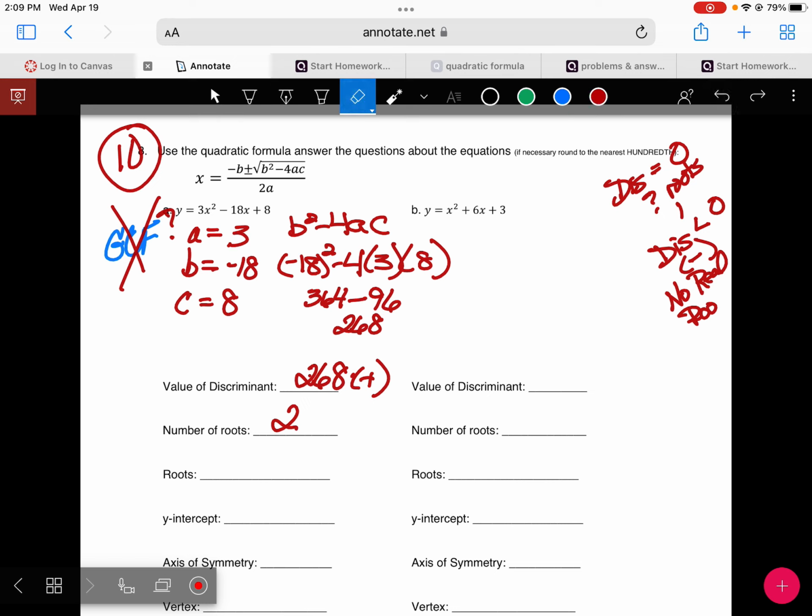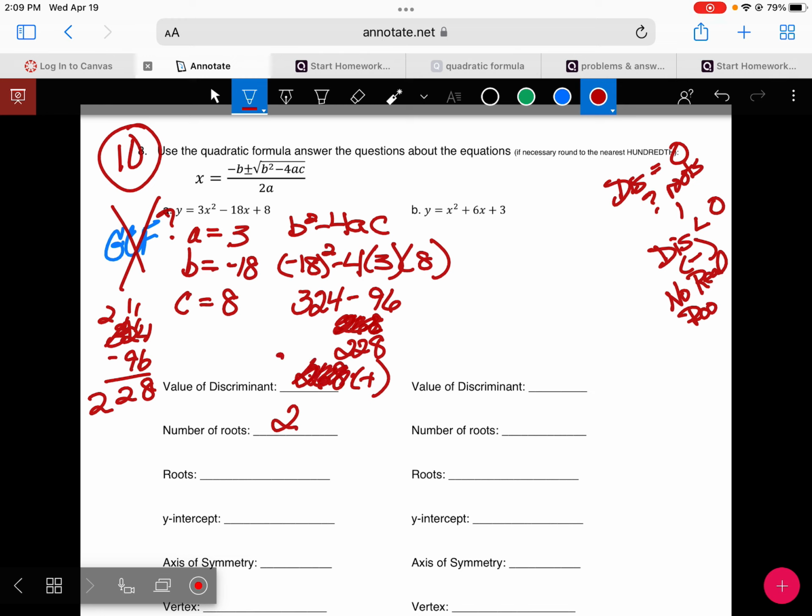So 324 minus 96. That's why I said check me on that. 228. I don't think 228 is a perfect square, but it should be 228 there.